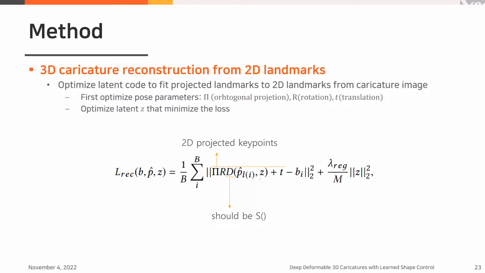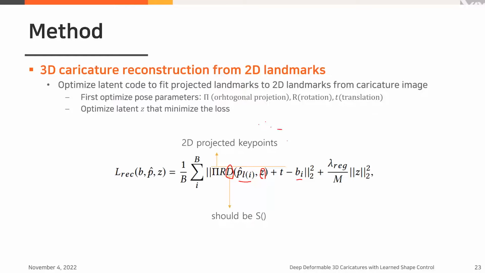So the minimizing function is as below. Based on Z and the given vertices, I believe D is the network that produces the deformed shape, and then you render it, projecting it onto the 2D plane to get 2D landmarks, and B_i is the 2D landmark calculated from the caricature.